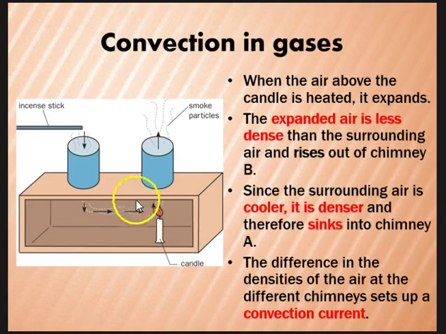The density of the heated air reduces and therefore it will start to rise. Cooler, denser air from the left replaces the hot air over here, causing a convection current to be created in this anti-clockwise direction. We often use an incense stick or joss-stick to make the convection current visible. The smoke from the stick will follow the direction of the convection current.